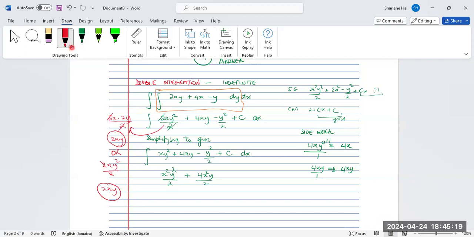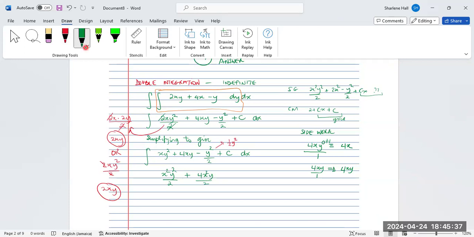You can call that the same thing as a half y squared. Yes or no? Yes, sir.